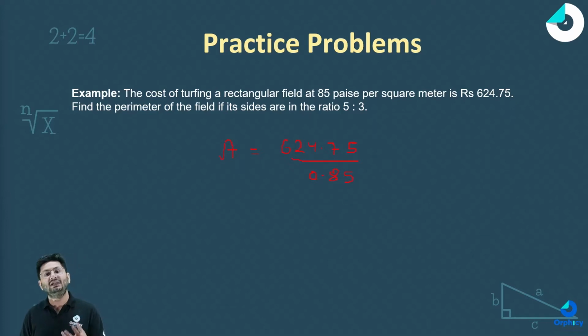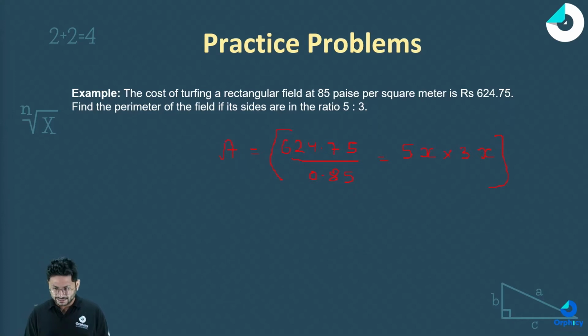This is the total area. Now we have to find out the perimeter of the field if the sides are in the ratio of 5:3. This should be equal to, like in the last question, 5x into 3x, and we will be able to calculate the value of x like we did in the last question, and then we can find the perimeter.